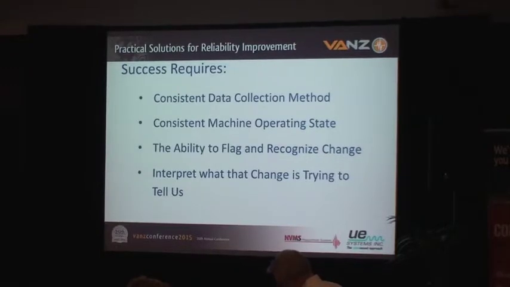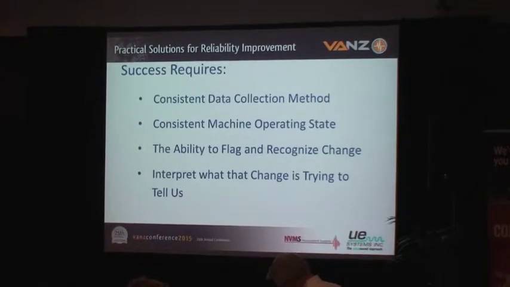We need the ability to flag and recognize that a change has taken place, and then, of course, we need the skills, or access to the skills, for the folks who look at it and interpret that change and can say, this is good, this is bad, this is indifferent, or in between.